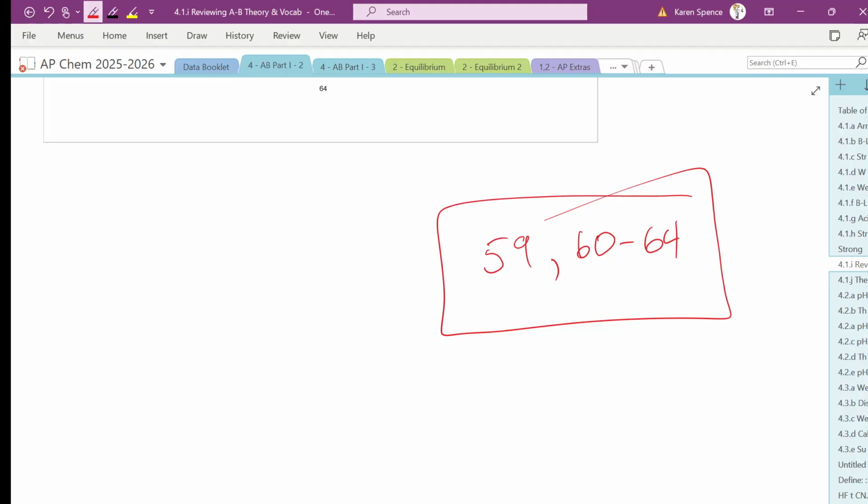But in water, the strongest acid that can exist in water is H3O+. There's more to it than that, but you don't need to know anything more than that, so we're going to just leave it there.